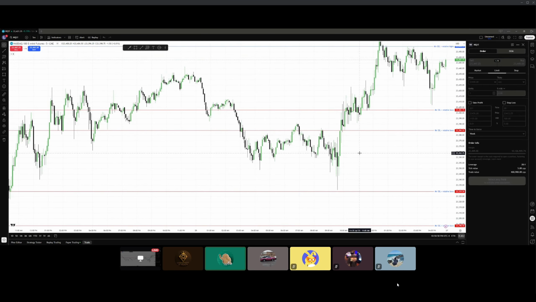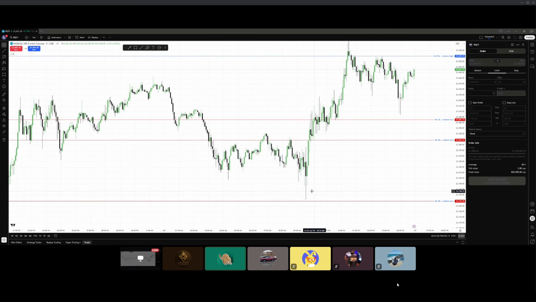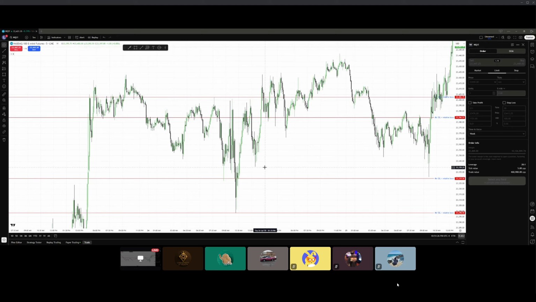But because we took sell side liquidity, we went up after the open. We did take the last bit of sell side at open, but we went up for the rest of the day. My bias would have been bearish through the day, but because we took all that sell side through the remainder of the night, I wanted to see that last bit of sell side get swept right here.